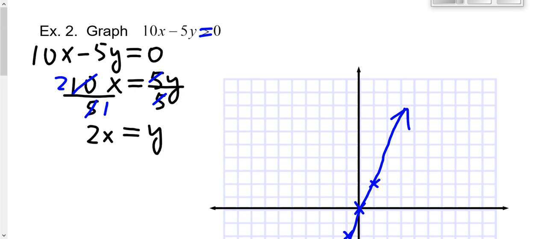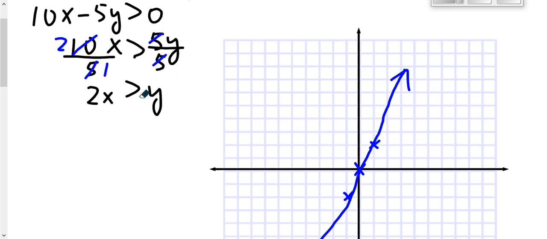Now let's go back to the question here, because we are not talking about equal sign here. We are actually talking about greater than, so replace all the equal sign with greater than. I don't know if you guys can make sense of this notation or not.